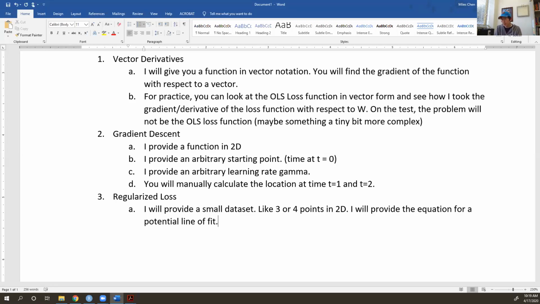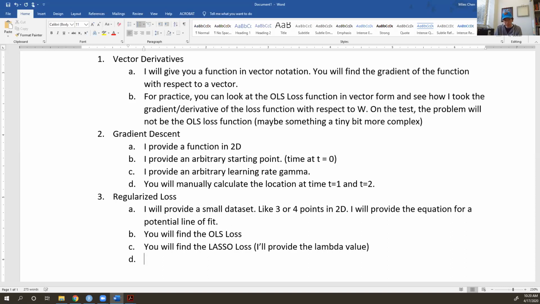Then what you are going to do is find the OLS loss, and then find the lasso loss. I'll provide the lambda value.